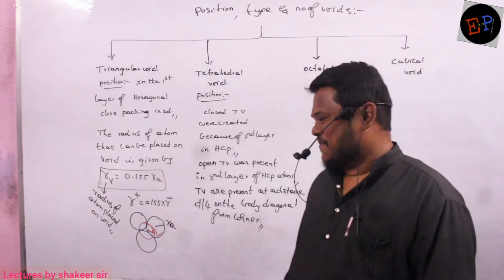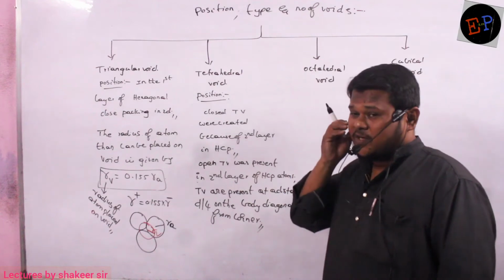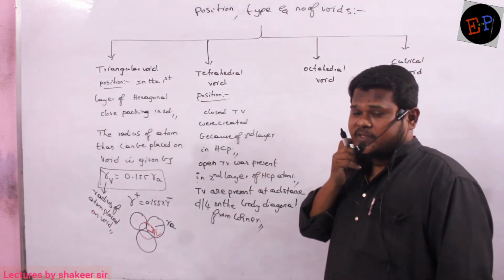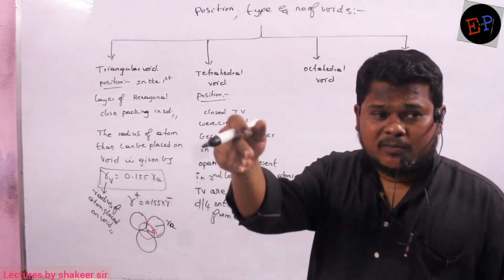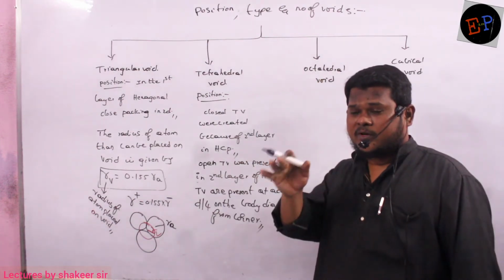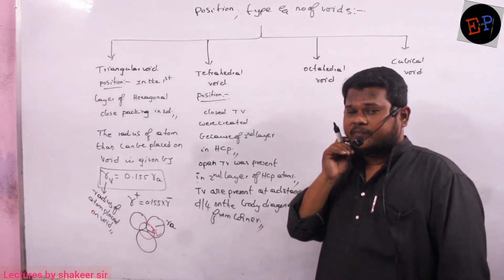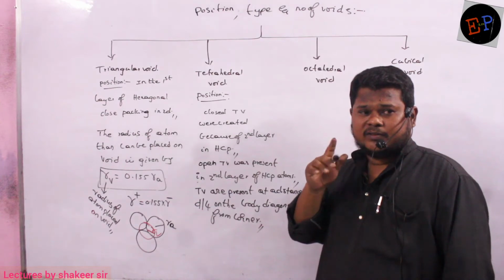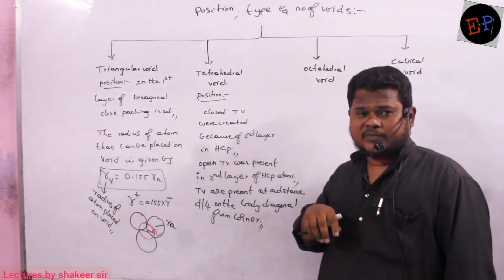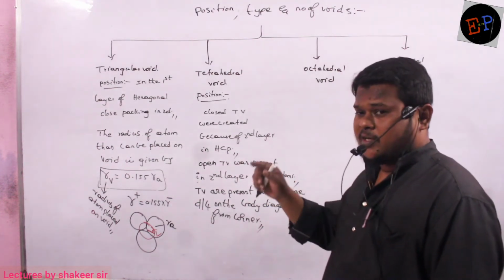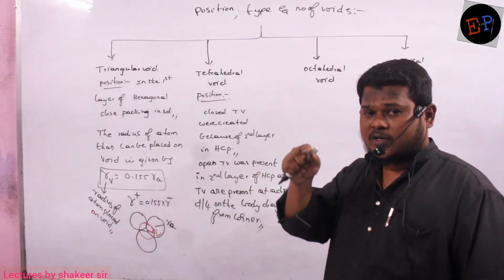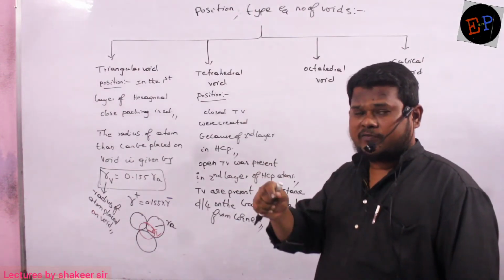Are you able to understand? Tetrahedral voids are present at a distance of d by 4 on the body diagonal. How many body diagonals will be there for a unit cell? 4 body diagonals will be there. Each body diagonal will have 2 tetrahedral voids, at a distance of d by 4 from the corner.